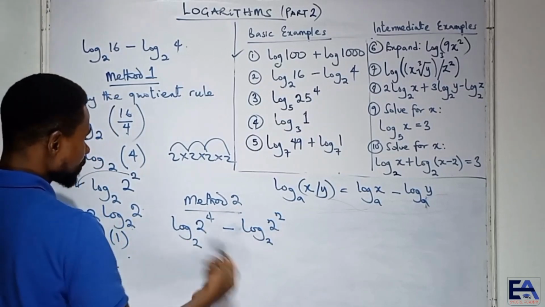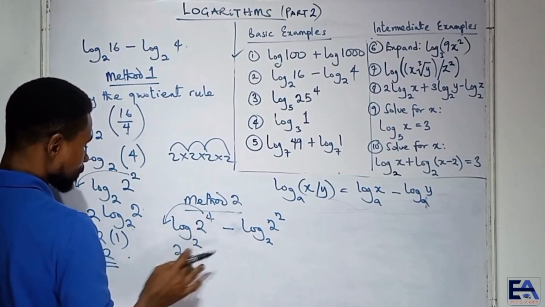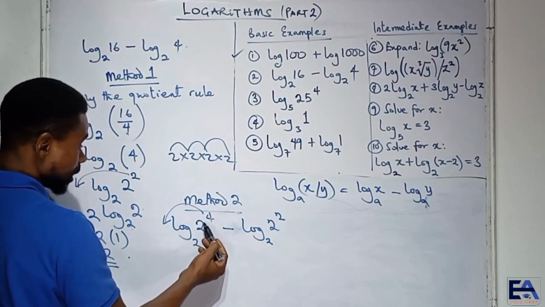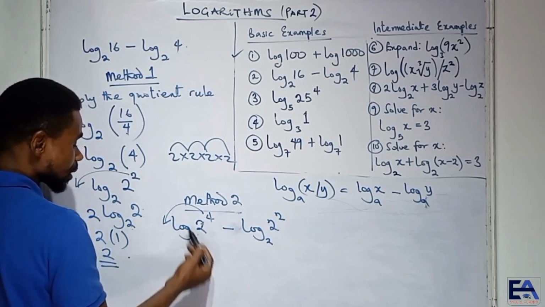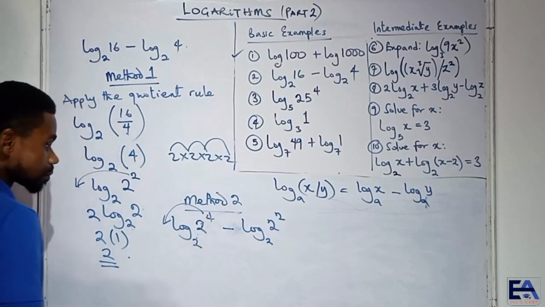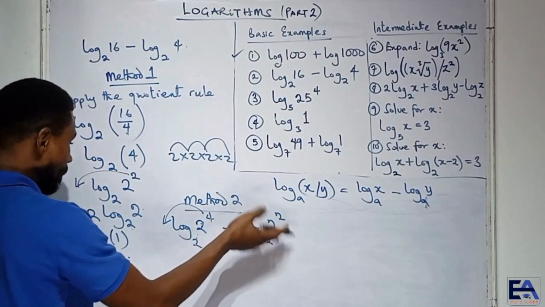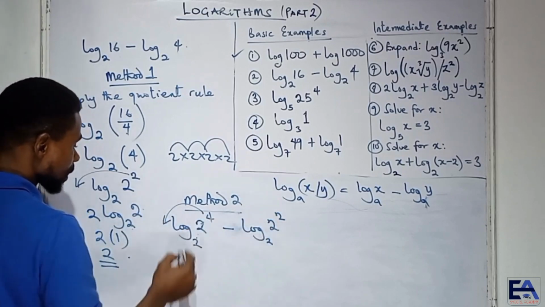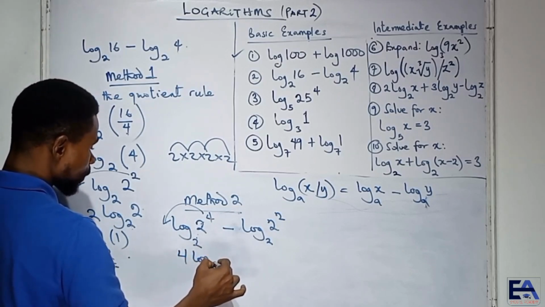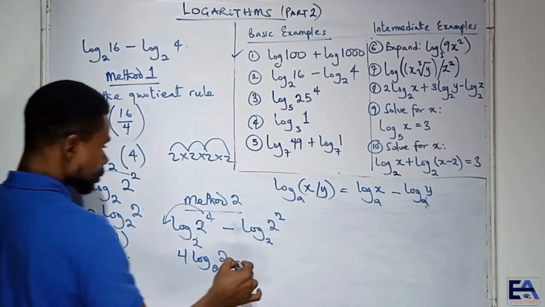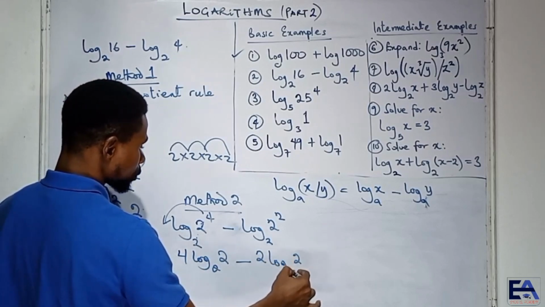Okay, so having that in place, you put this one here, that's 4, because the aim of changing this one to power of 2 is to have a number that is equal to the base, so that it can simplify to 1. So bringing it down here, we have 4 log 2 to base 2 minus 2 log 2 to base 2.